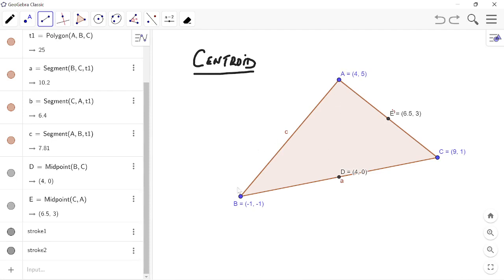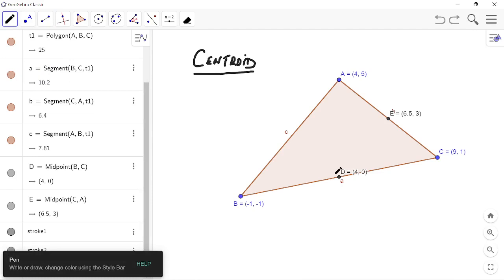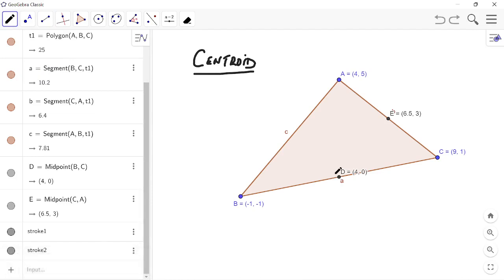Given the three coordinates, the first task is for the student to get the midpoint. And you know how to get the midpoint. Now, the midpoint of B and C is D. Because you do not have a diagram, you will be required to calculate. So how do you get the coordinate of x and the coordinate of y?